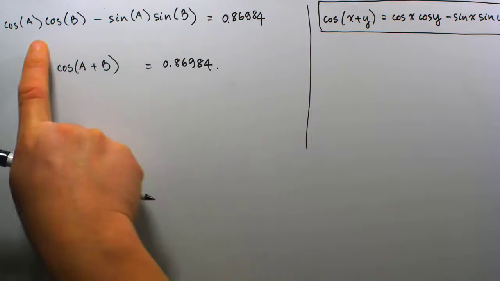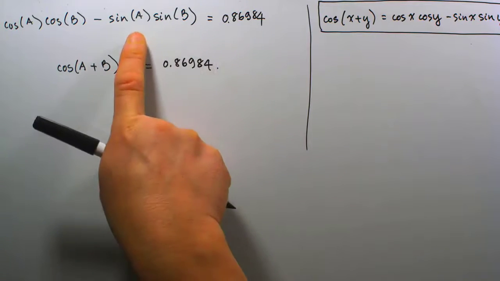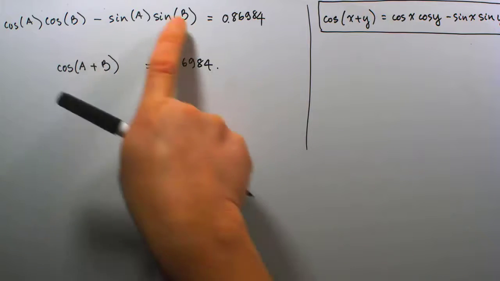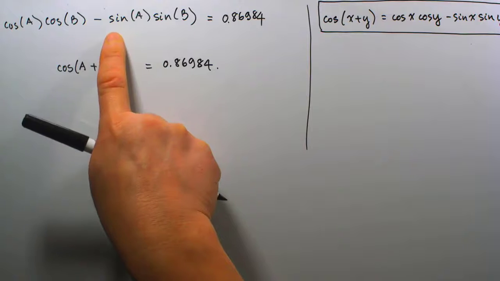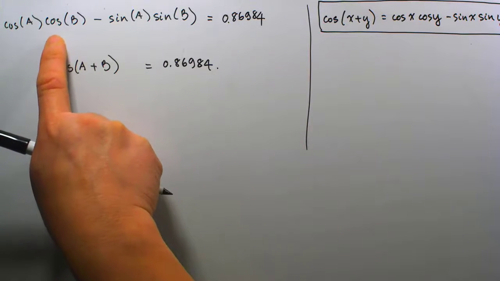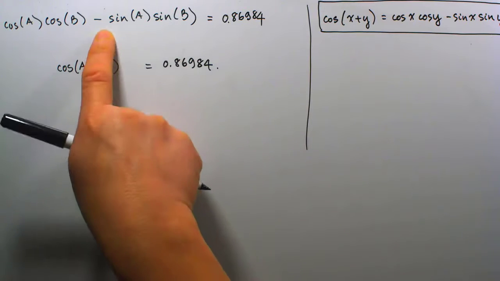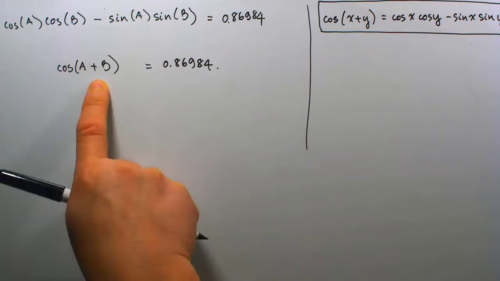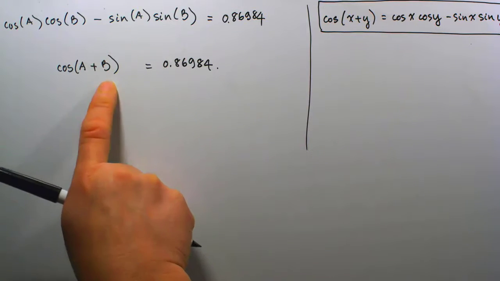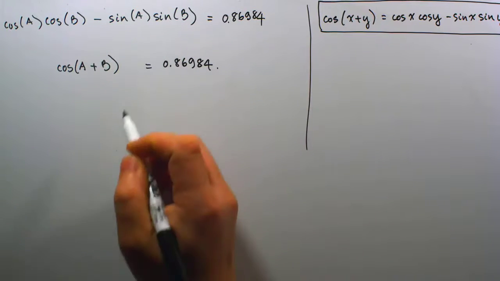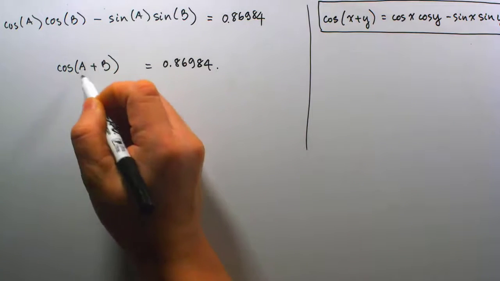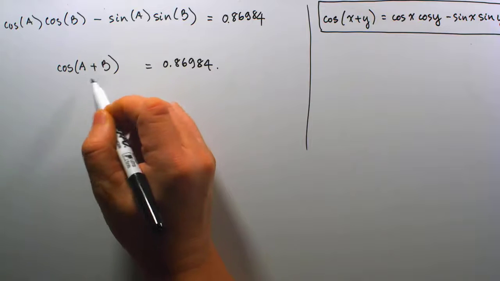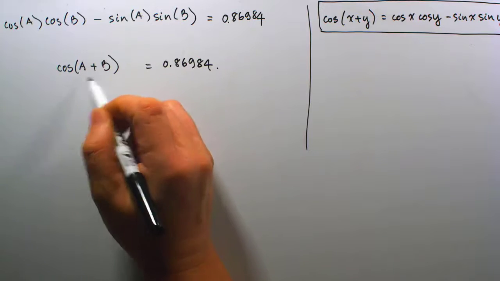Here the one we have specifically is the expanded form of the cosine of a sum identity. So the left hand side is reduced to cosine of the sum A plus B. And be aware that A plus B is another angle. It's the sum of the two angles A and B right here.